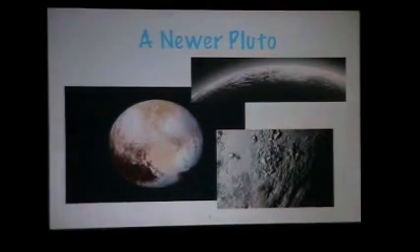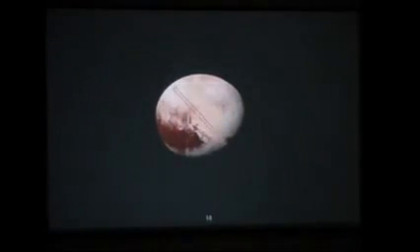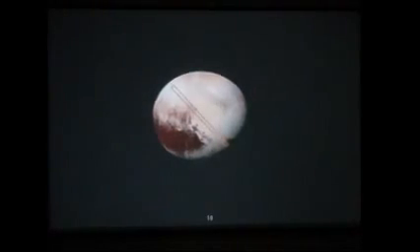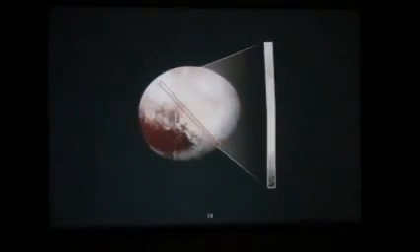There's been lots of good information coming our way over the past little while, and I'd like to show you a very quick movie of some of the detailed pictures that we have of Pluto. We have already seen some of this, but it shows you that Pluto is a much more interesting object than we might have been looking for.